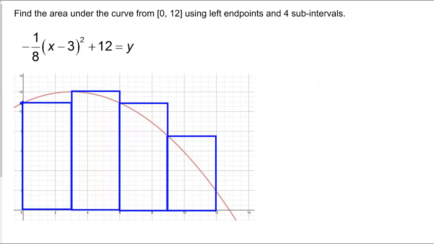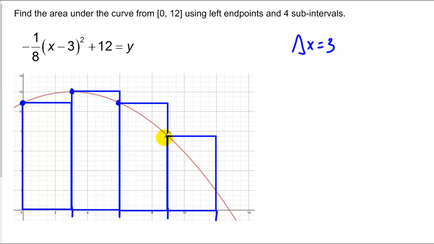Now let's approximate these values using left endpoints. Again, our delta x is going to be 3, and I'm going to mark every 3 spaces once again, so 0, 3, 6, 9, 12. In this case, I'm going to identify where I am on the curve at the leftmost part of that interval and draw a rectangle from that left point over to the end of the interval in each case.